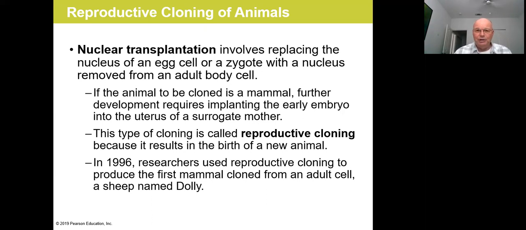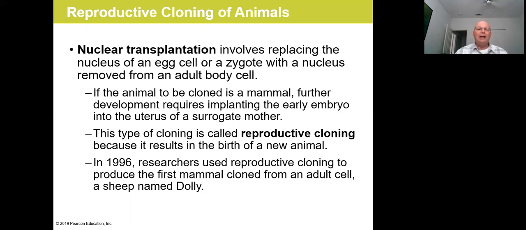In reproductive cloning, an egg cell, which is already primed to divide, has its nucleus removed, and then the nucleus from the host organism is transplanted in, and that host cell will have a nucleus that contains a complete set of chromosomes. So it will be a diploid set of chromosomes.